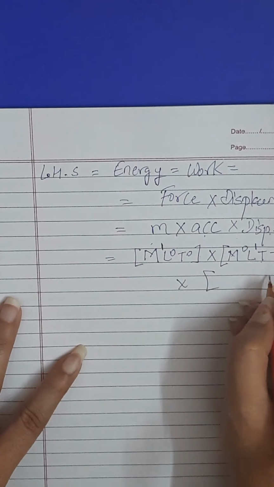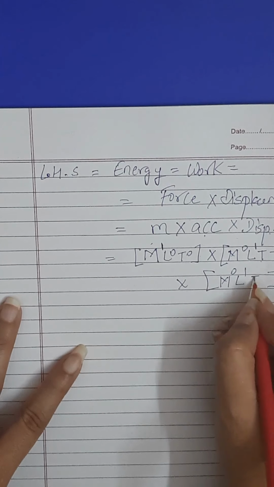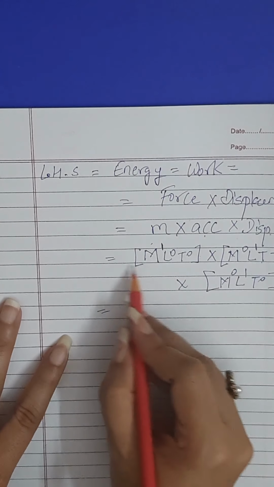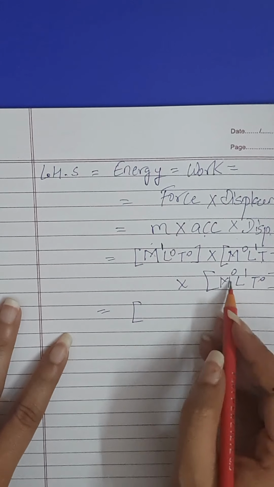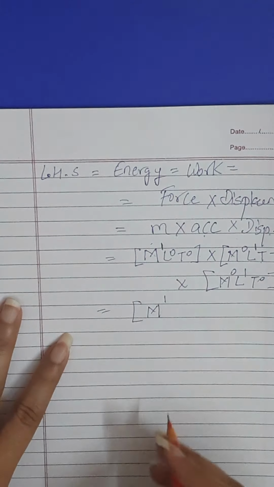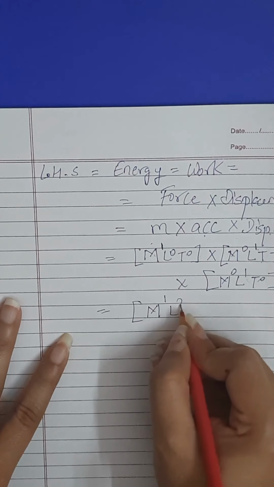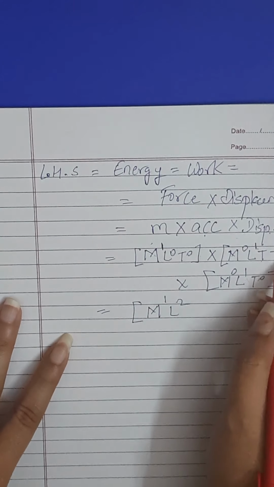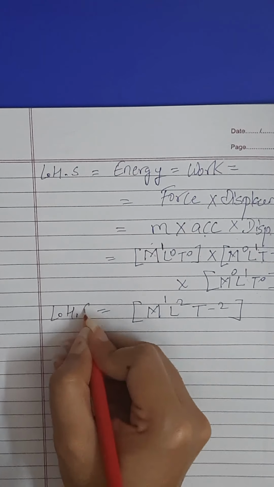For displacement, the unit is meter, so M raised to power 0, L1, T0. Now we will combine the parts. We get M1 plus 0 plus 0, M1, L0 plus 1 plus 1, L2, T0 minus 2, T minus 2. This is our LHS.